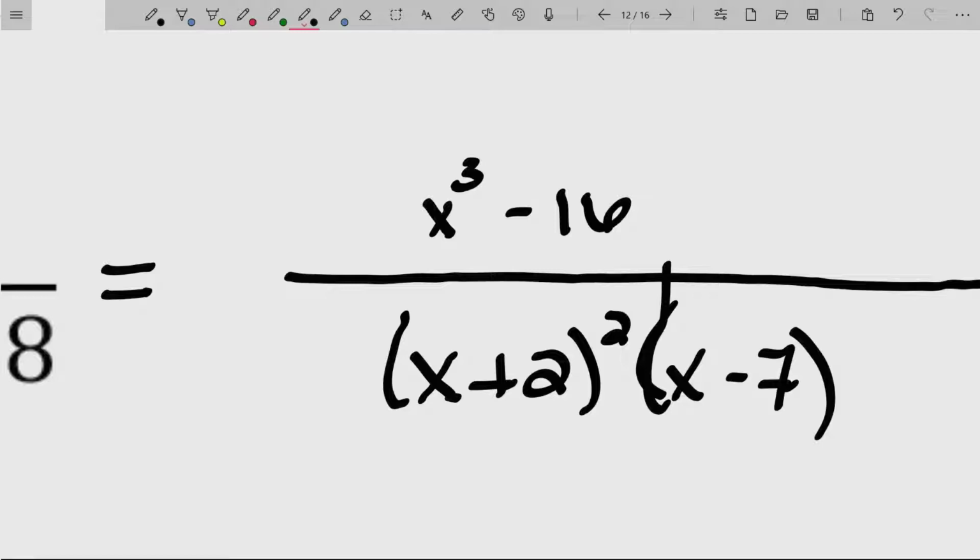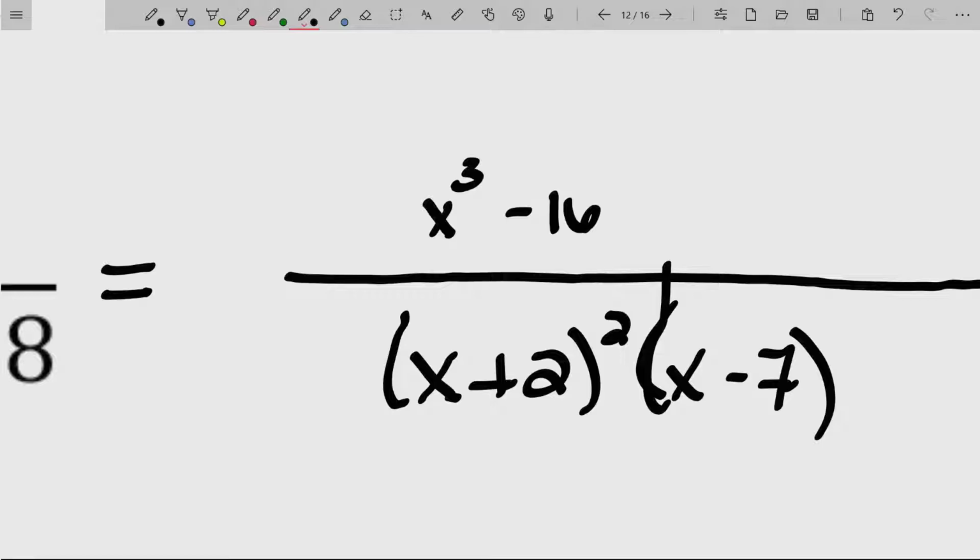Well, if it was an x cubed minus 8, I would totally factor that. That's an x minus 2 times x squared plus 2x plus 4. But this is not a difference of cubes, and so the factorization is going to involve radicals. And as such, I know that that's going to get kind of ugly.